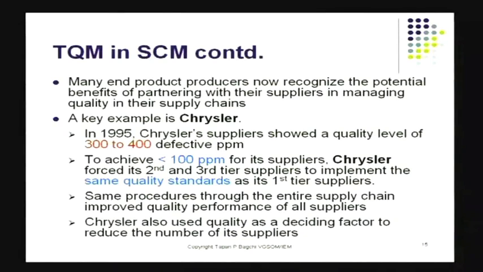The result was they were able to get down to the level of getting supplies from tier 1 supplier that was at 100 parts per million, pushed all the way back. So every supplier, regardless of what tier he belonged to, came up to the level of 100 parts per million. That of course is not very high, but starting from where they started, which is like 400 parts per million, getting from there to 100, that was like a 4-fold improvement in quality.